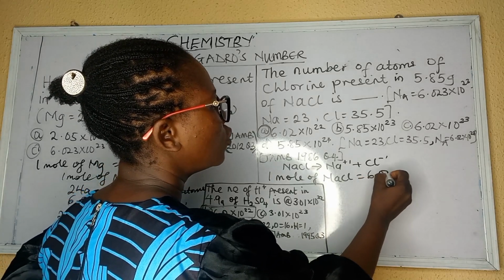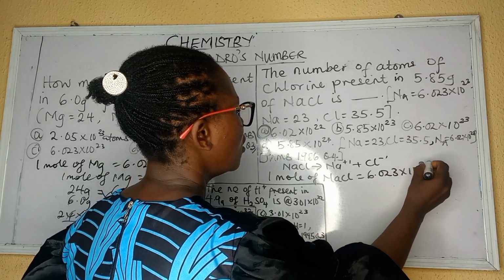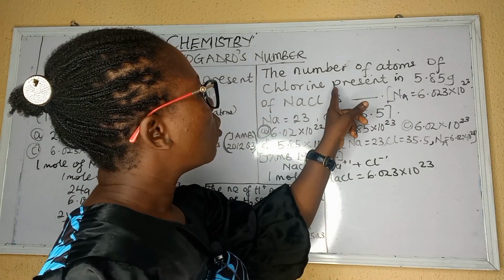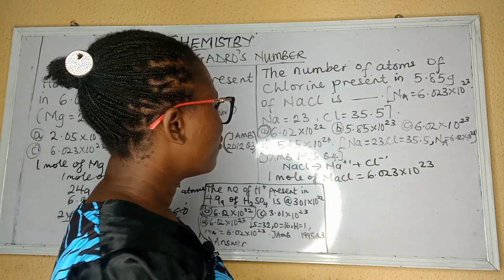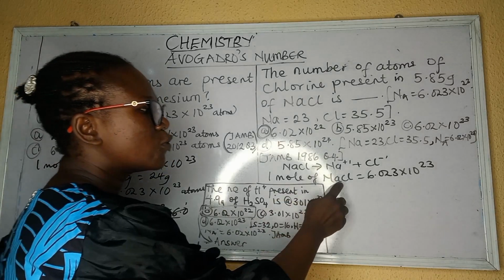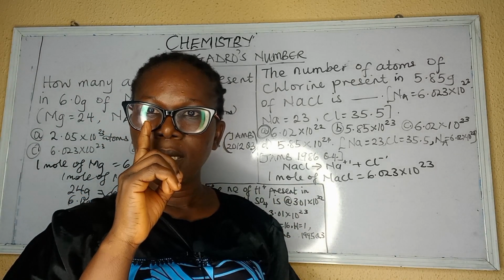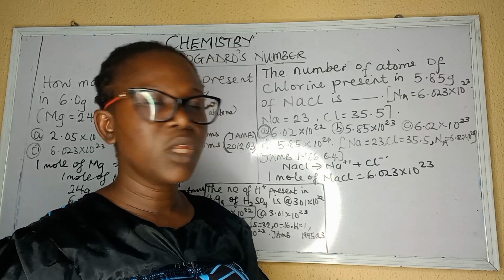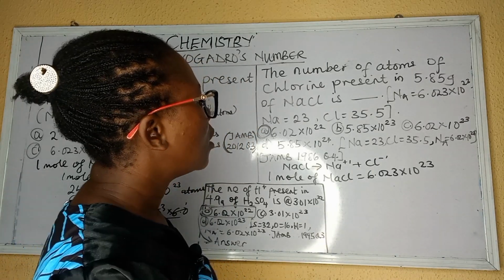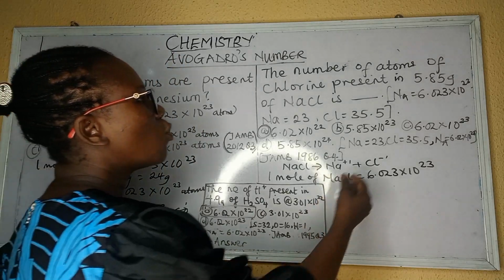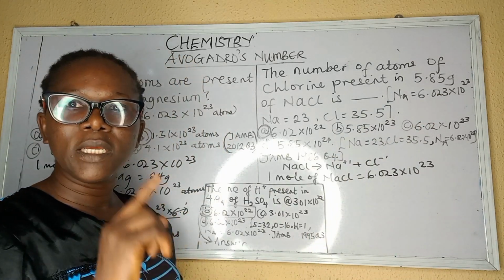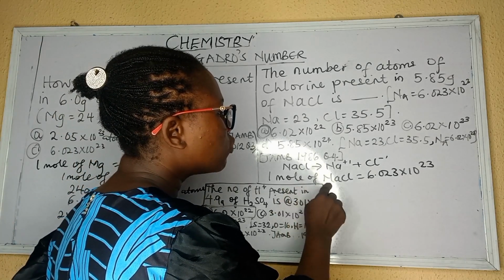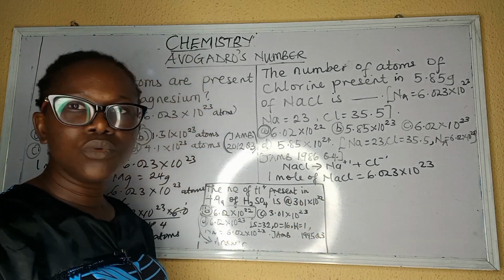That is 6.023 times 10 raised to the power 23. Calculate the number of atoms of chlorine present in 5.85 grams. Now, 1 mole of sodium chloride, which contains 1 atom of chlorine, is 6.023 times 10 raised to the power 23 atoms. But in the question, we are not working in mole, we are working in mass, which is in gram. So we need to convert 1 mole of sodium chloride to mass.